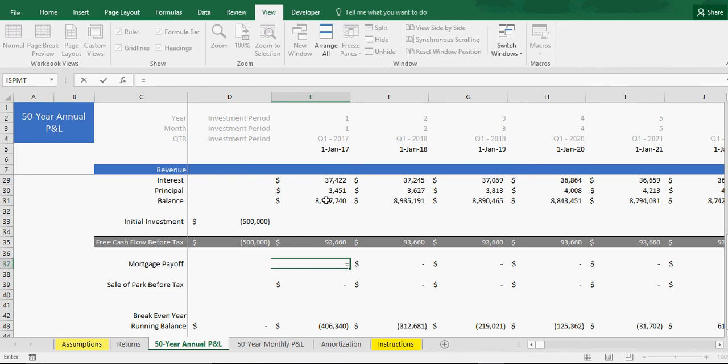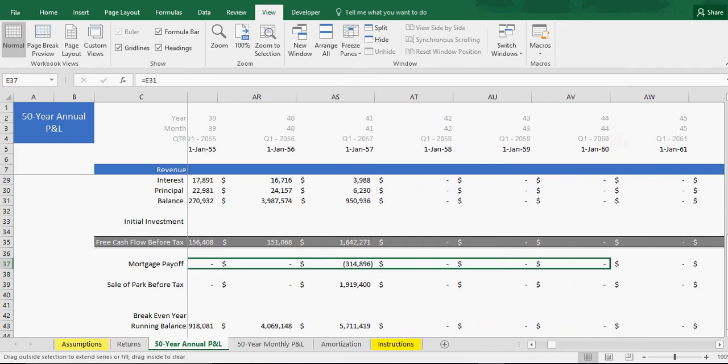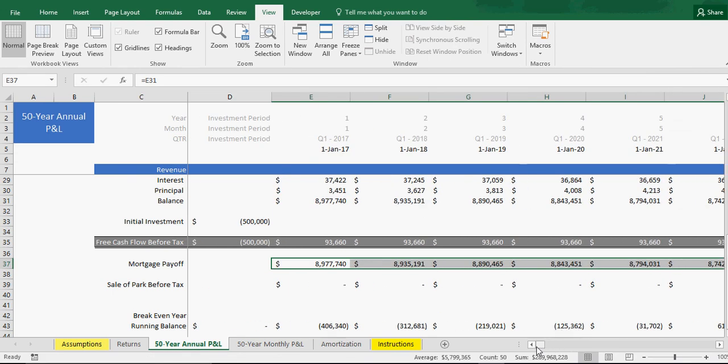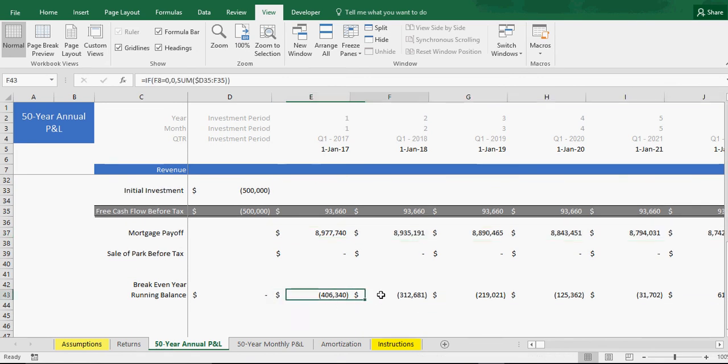Well, here's one thing, and this is what happens when you first build a model. So this should equal that, not be summing it. Make sure everything else is right. So sale of the park, yeah, that should be summed. Running balance is manual here. Break even. Mortgage payoff.